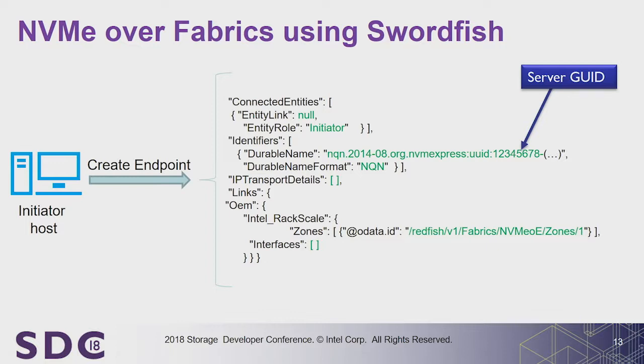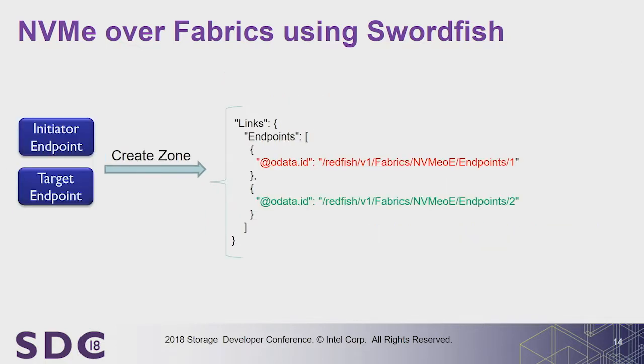And yeah, the zones are the same, so it allows you to know in which zones this initiator is used. And you need to also provide role that this endpoint is acting as an initiator in this case. So if you have an initiator endpoint, target endpoint, then you can create zone.